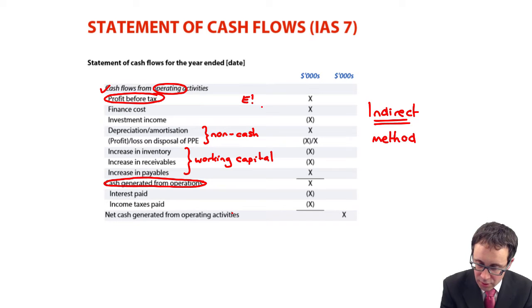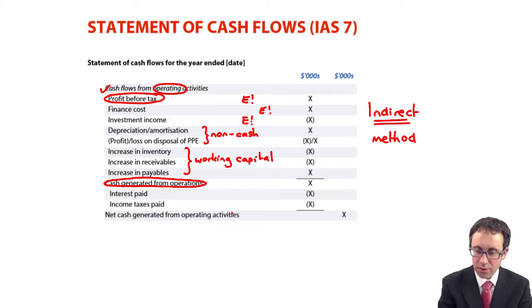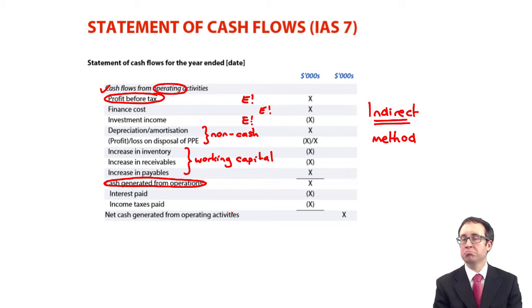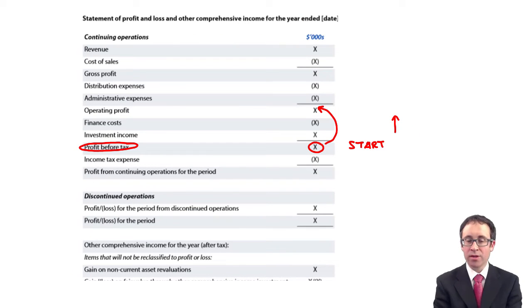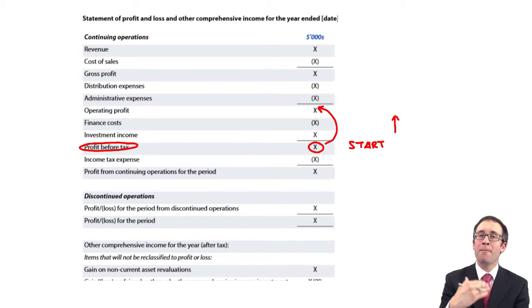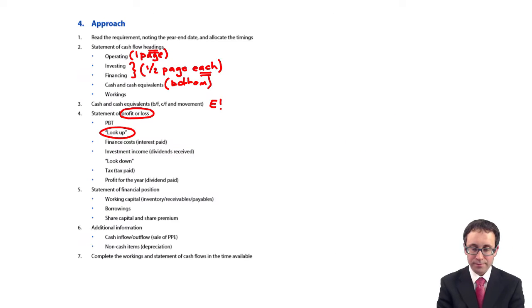So your finance cost, you add back in, and your investment income, you deduct. You just do the opposite of what is within the statement of profit or loss. The finance costs have been deducted to get into PBT, so to get back from PBT to your operating profit, we add it back in. Jackpot.